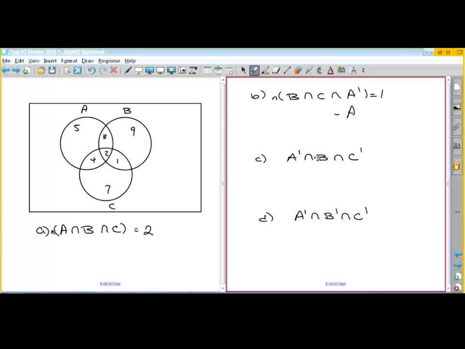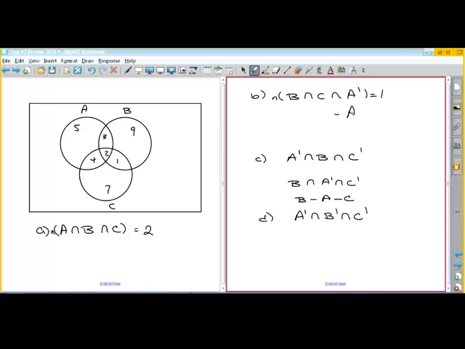Now the third case is you have 2 complements and a set. In this case we are going to rearrange them again. And remember, intersecting the complement is the same as subtracting. So I'm going to change that to a subtraction.